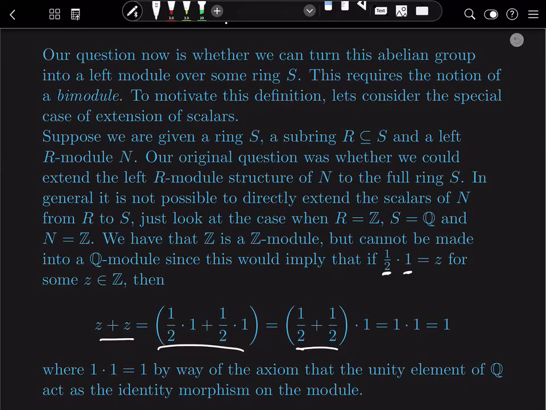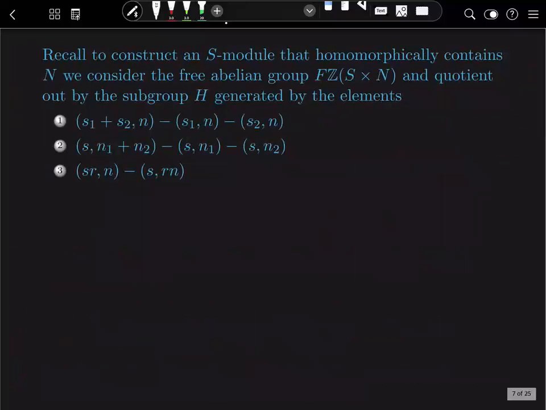So we get z plus z for an integer z is equal to 1, which of course is not possible. So that shows that we can't extend the Z module structure to a Q module structure.